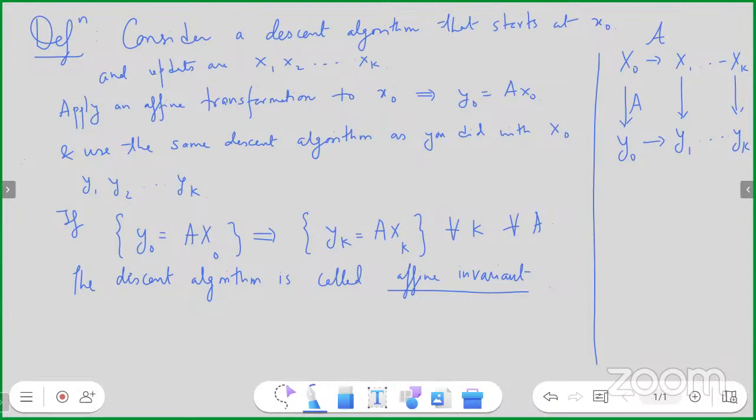Steepest descent. So let's try to prove that for steepest descent.